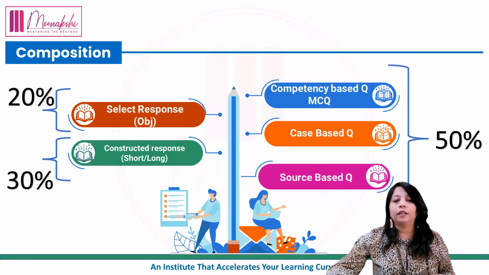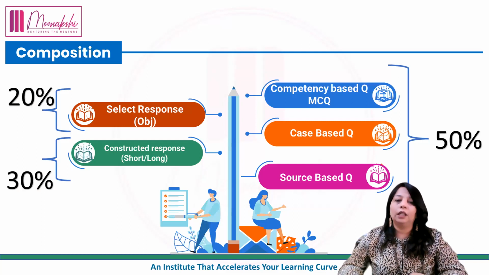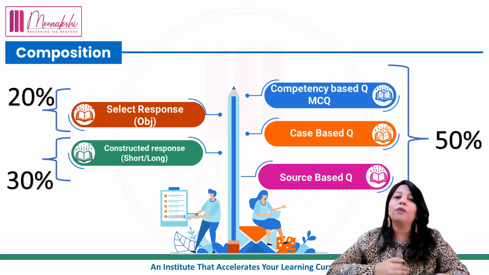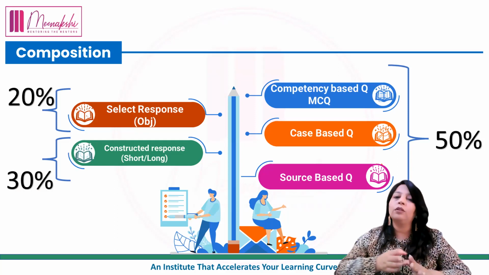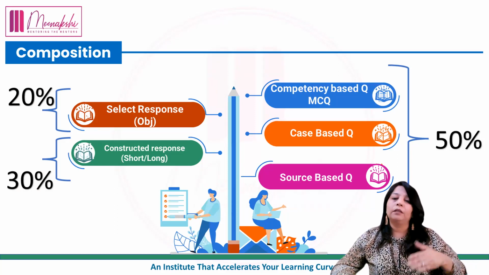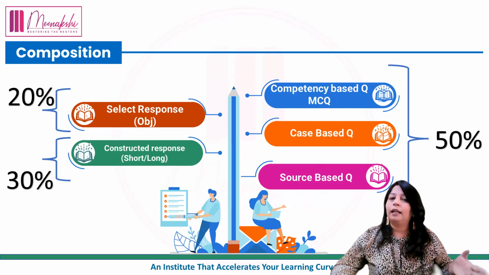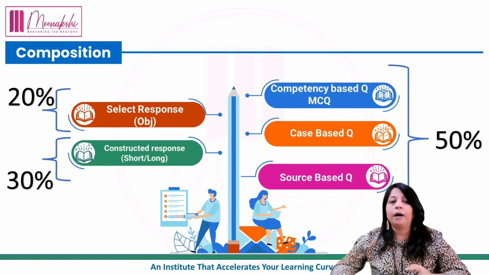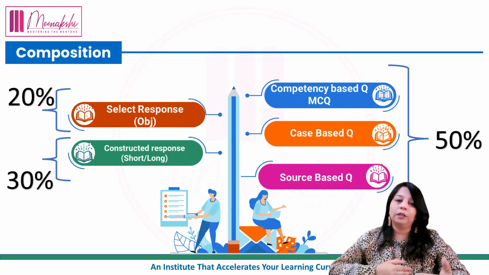So my dear educators, if we talk about the composition of different types of questions, earlier we talked about the weightage, like based on knowledge and understanding, based on application, based on formulation, evaluation, analysis, and maybe the creation level. So here we are talking about the structure of the question paper.